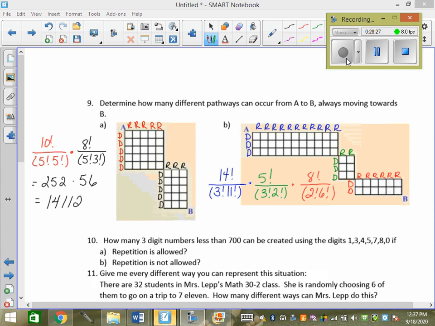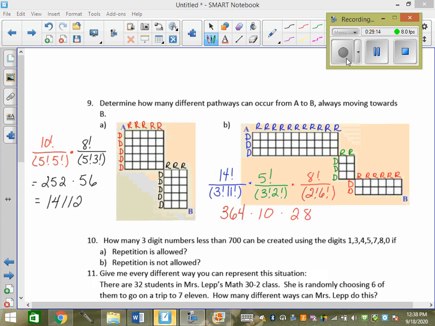So we get 14 factorial divided by 3 factorial 11 factorial, which is 364, times 5 factorial divided by 3 factorial 2 factorial, which is 10, and then we get 8 factorial divided by 2 times 6 factorial, which is 28.